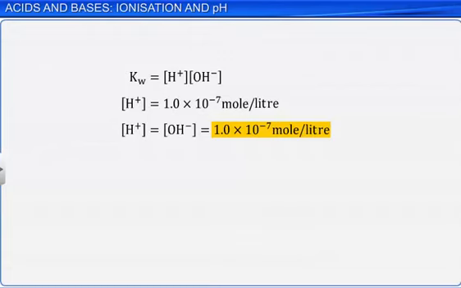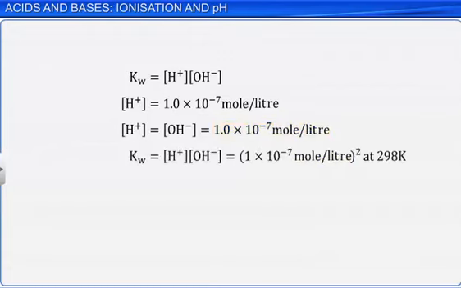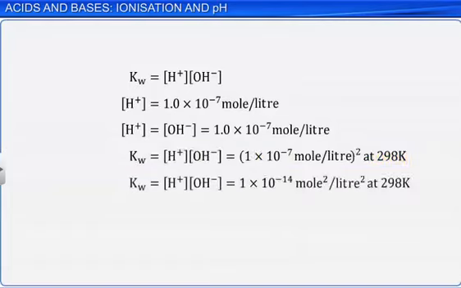Thus, at 298 Kelvin, the ionic product of water, which is equal to the product of the concentrations of H+ and OH- ions, is equal to (1 × 10^-7)^2 moles per liter, which is equal to 1 × 10^-14. Hence, the value of the ionic product of water at 298 Kelvin is equal to 1 × 10^-14 mol² per liter².